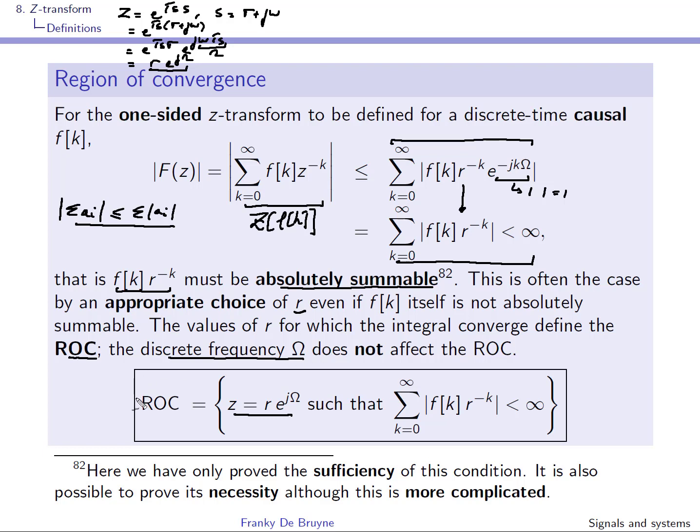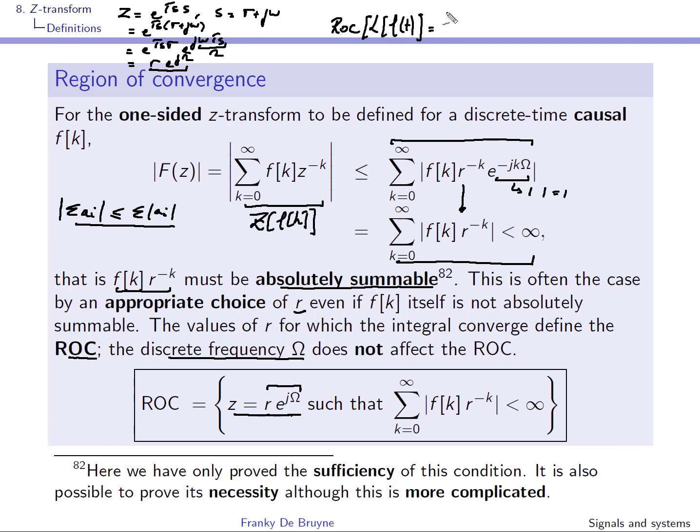So the region of convergence is the set of z that can be rewritten like this, as we have shown over here, such that this sum converges. So let's have a look at the region of convergence of the Laplace transform of a function f of t.